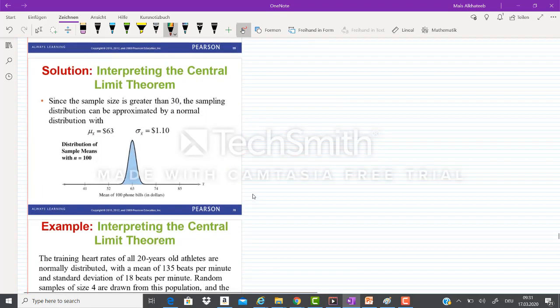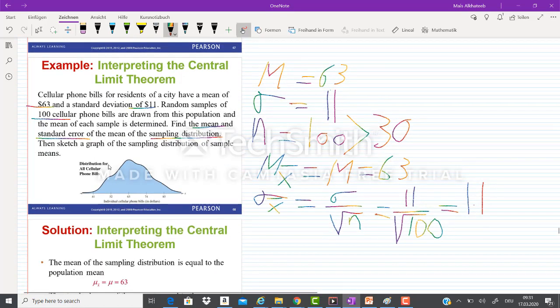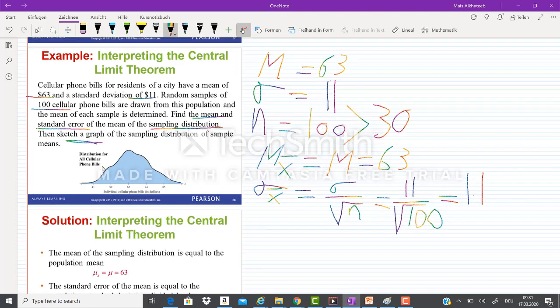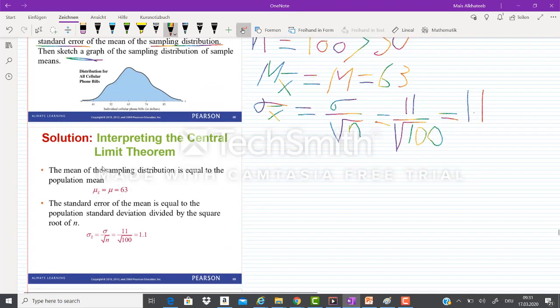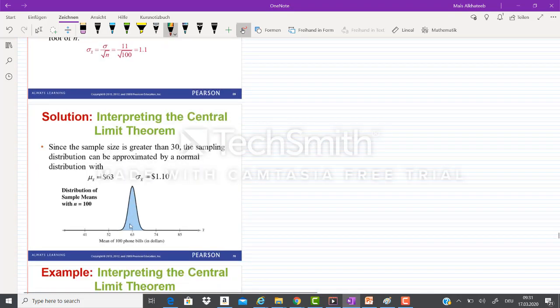Now I will take another. If you want to sketch it, because they ask me to sketch the graph at the end. Okay, they ask me about sketching the graph, so I will sketch this. I take mu as 63 as usual, and the standard deviation is very small, 1.1, in comparison to mu, so it has to be like this graph in the figure.